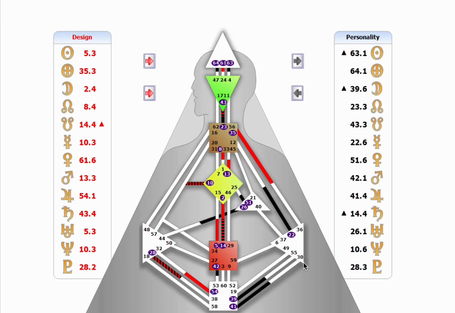Then often our logical brain is going to engage with that energy and try to convince us to act in ways that maybe aren't consistent with our strategy and authority, which incorporates our whole design, and instead to focus on that pressure and act from that pressure, which usually isn't good for us.